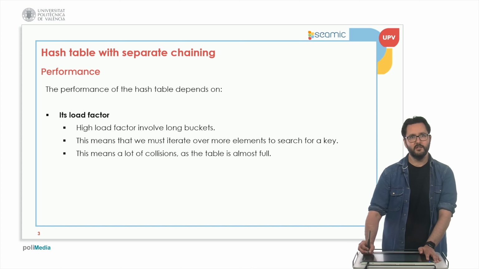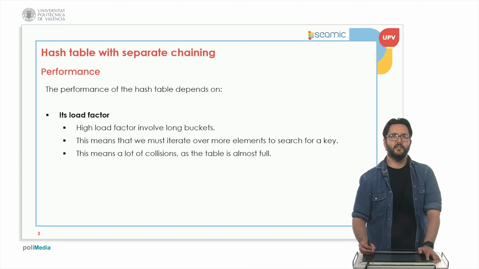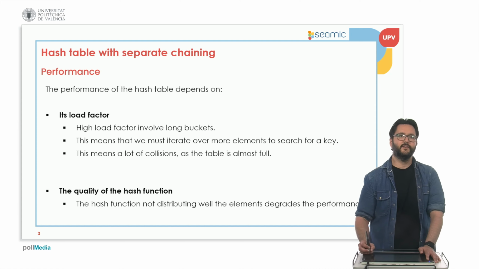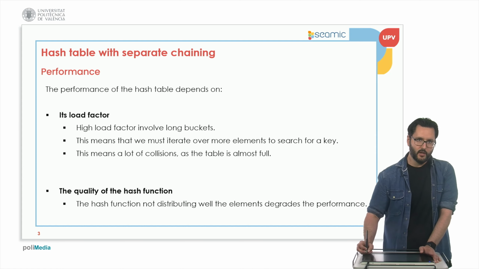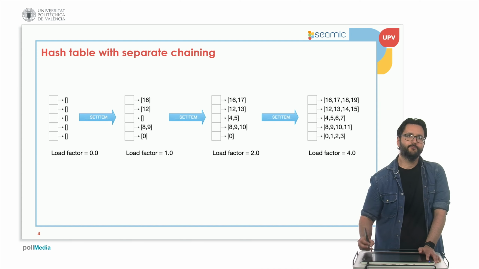And this also means a lot of collisions, because if the load factor grows drastically, it reflects that the table is almost full. On the other hand, we have the quality of the hash function. If the hash function is not distributing the elements well, it will degrade the performance. We will talk more about that later.